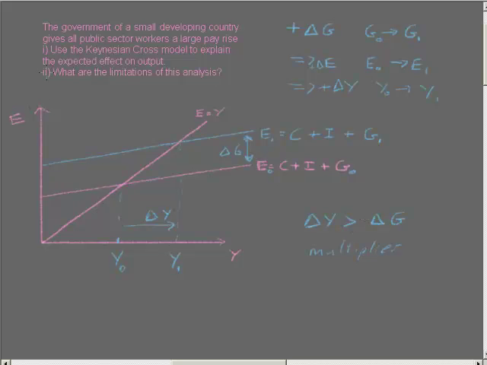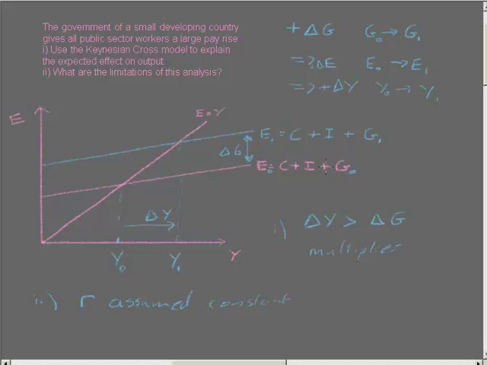Now briefly looking at number 2, what are the limitations of this? That's our conclusion of 1. The limitations are, well, we've assumed that interest rates are constant. Whereas in fact, if this change in government spending and consumption had any effects on interest rates, then interest rates could have an effect on investment and also consumption.